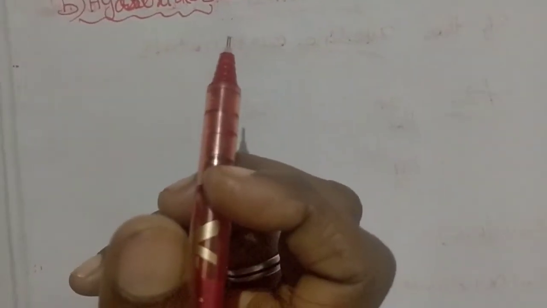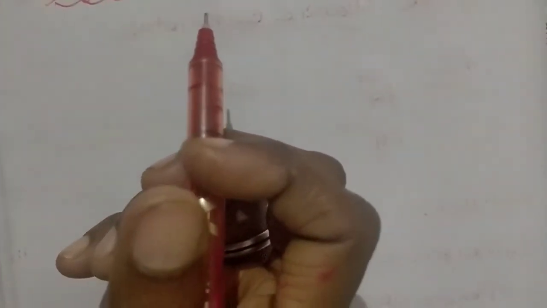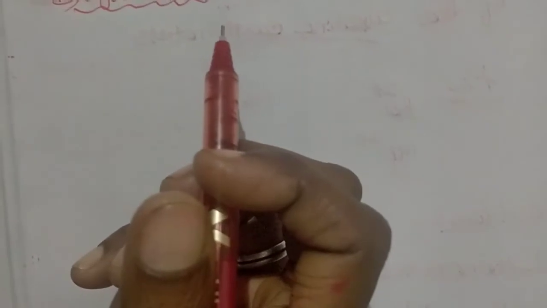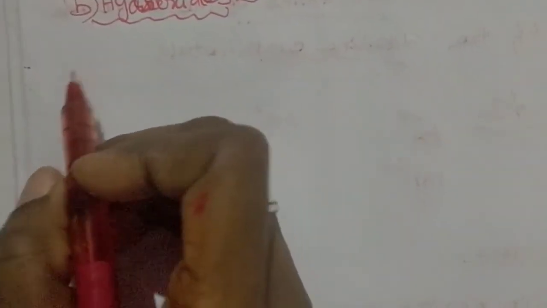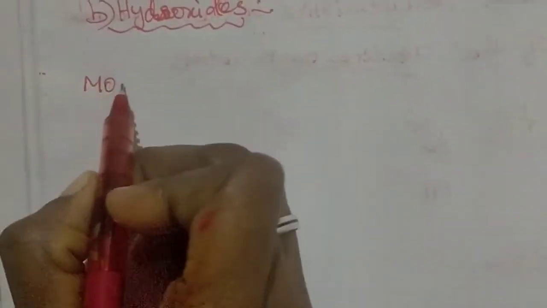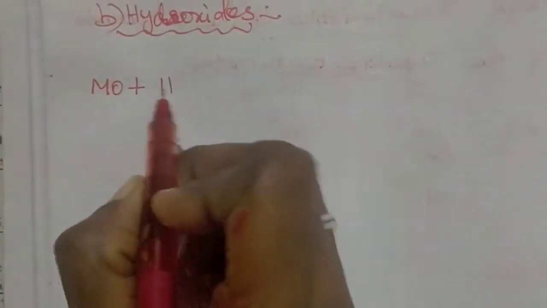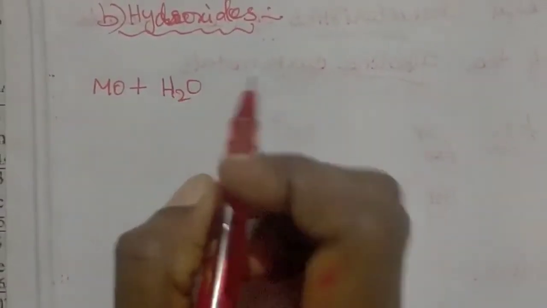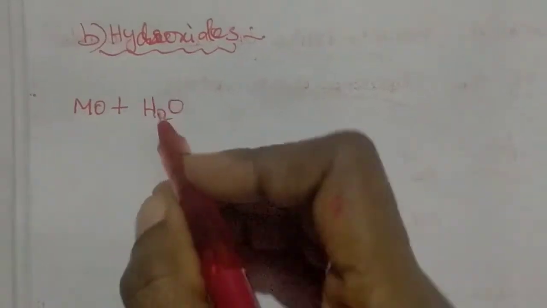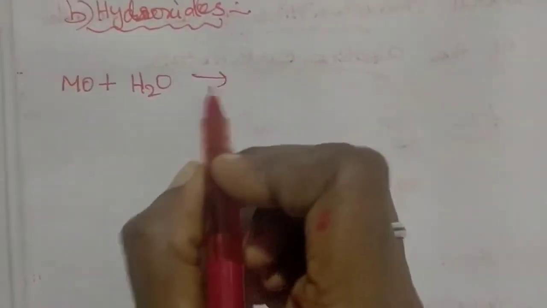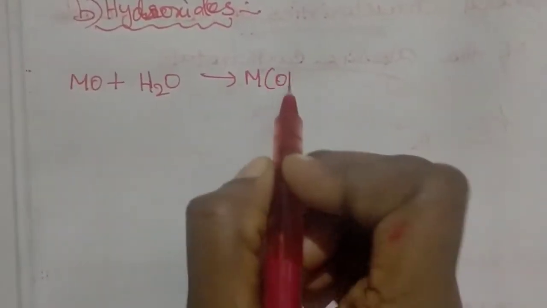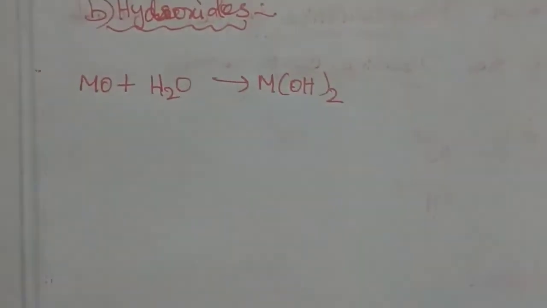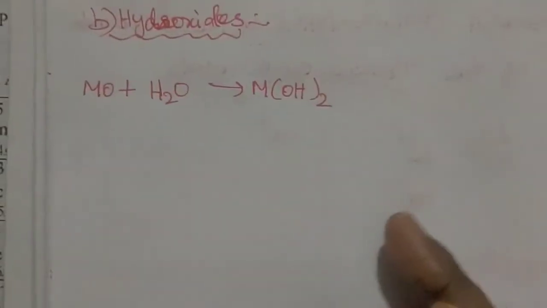Because of this basic nature, they are sparingly soluble in water, and they produce hydroxide. So how to produce the hydroxide? Metal oxide combined with water, except beryllium oxide. All the other metal oxides combined with water produce the hydroxide of that metal.